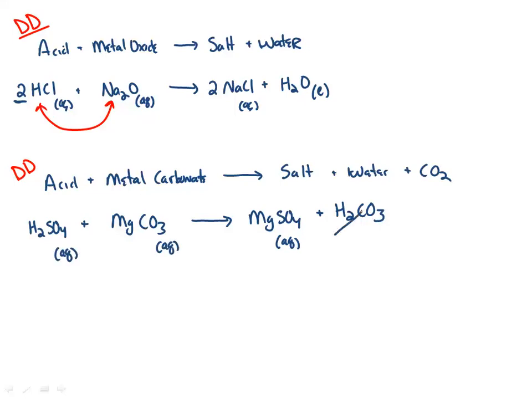Yeah, it always decomposes to give H2O plus CO2. It's one of the 3 common decomposition reactions we asked you to remember. So anytime I react an acid with a carbonate, I automatically make carbonic acid, and that automatically breaks down into H2O plus CO2. So again, just our double displacement reactions from Chapter 8.